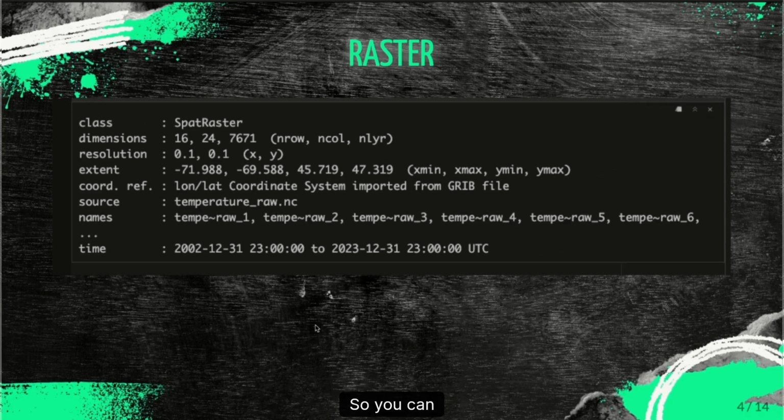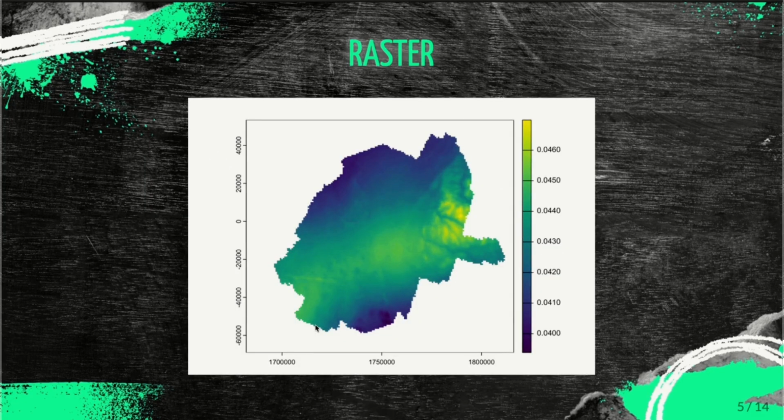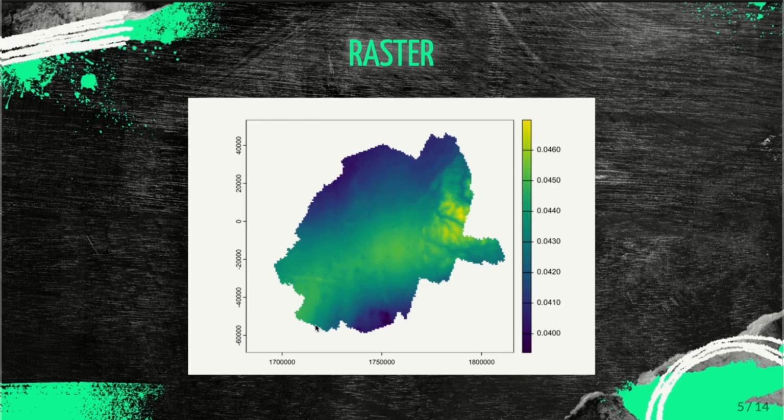You can look at the characteristics of the spatial raster like this, or you can visualize the temperature inside the spatial raster. Here, each section of 0.1 by 0.1 degree has a value associated to it of the temperature in Kelvin. That's why the legend is a bit weird.